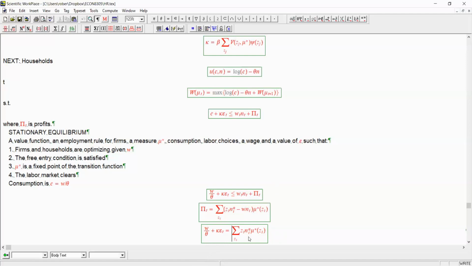Finally, I'm not going to write the expression, but remember that labor here depends on I. There is an optimal amount of labor that any firm with a particular value of productivity, ZI, is going to select. So this is ultimately a function of ZI.